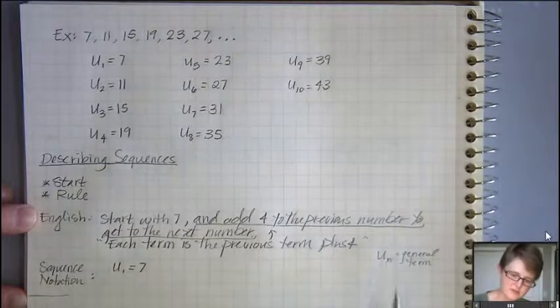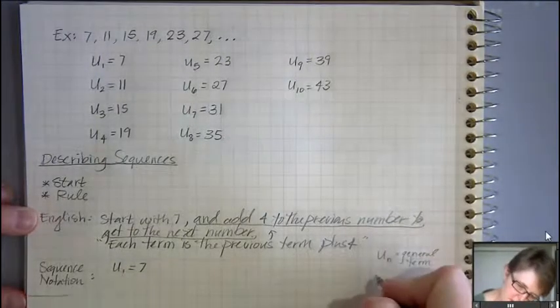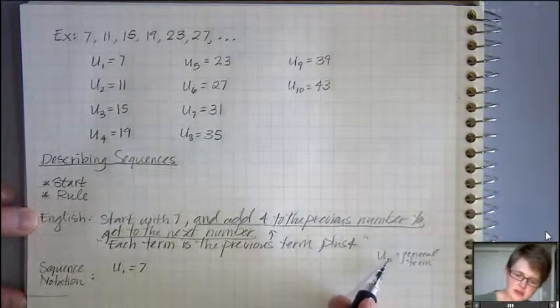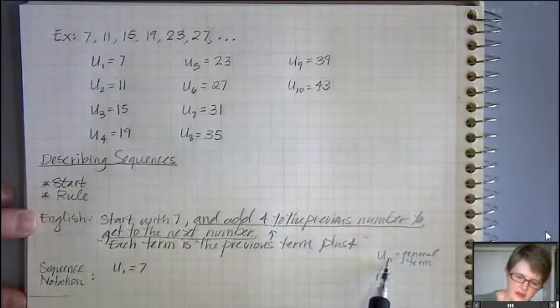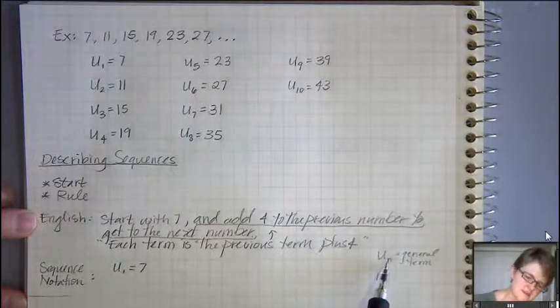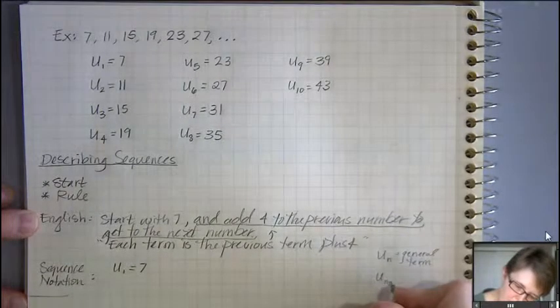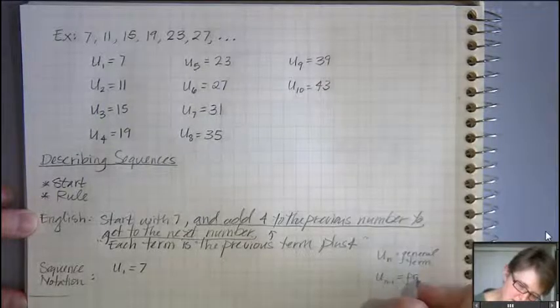But if u sub n is a general term, then if we want to talk about the term before u sub n, we would want to take 1 away from n. So if n was 7, the previous term would be u sub 6. And so we would want to do n minus 1. So u sub n minus 1 represents our previous term.